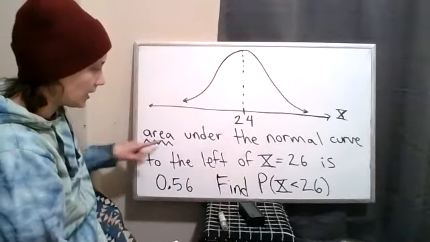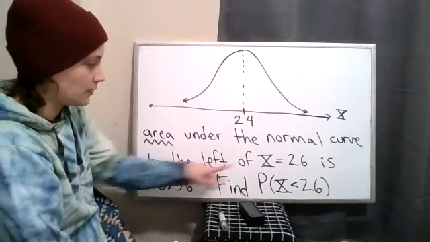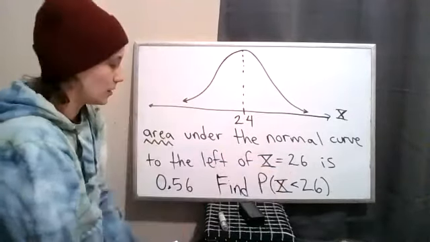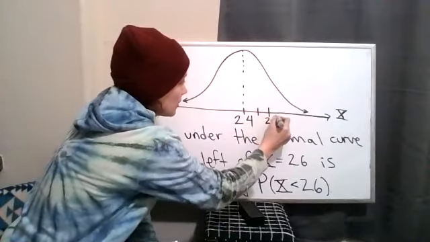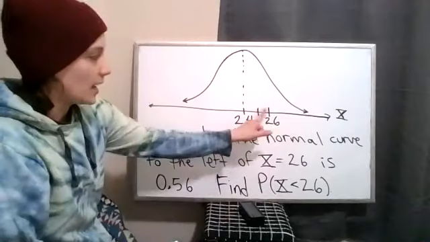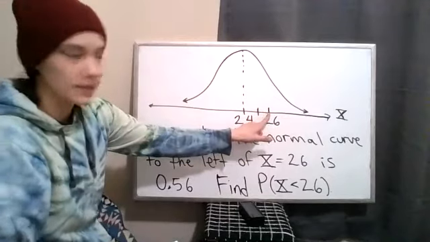And you have an area under the curve on the left of 26. 26 is up here, and you're going from there to the left, this way.